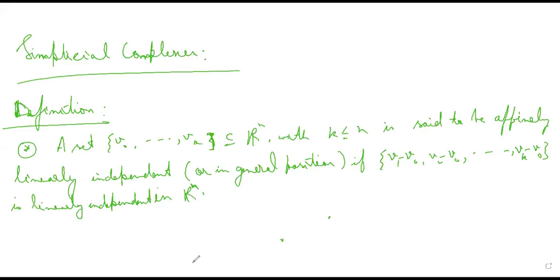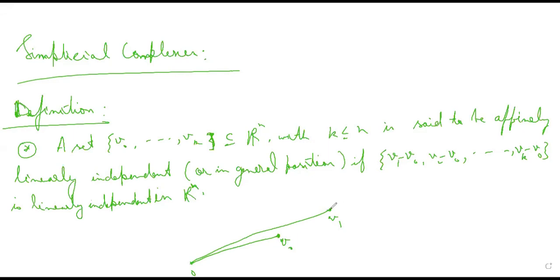If this is the origin, and this is your V0, then if we treat it as a vector, this will be the vector. And if this is V1, then if we treat V1 as a vector, this will be the vector. Otherwise, if we treat V1 as a point, then this will be the point.